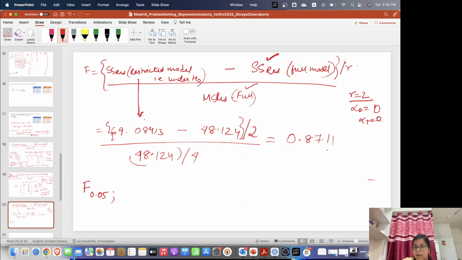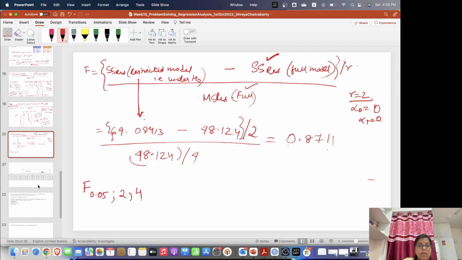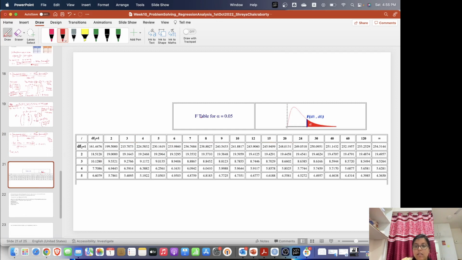We would obtain this number, and it should be compared with an F distribution with df 2 and the error df, that is 4. If you see from this F table, this is the cutoff point, above which 5% of the observations lie. For F with df 2 and 4, the cutoff is 6.9.